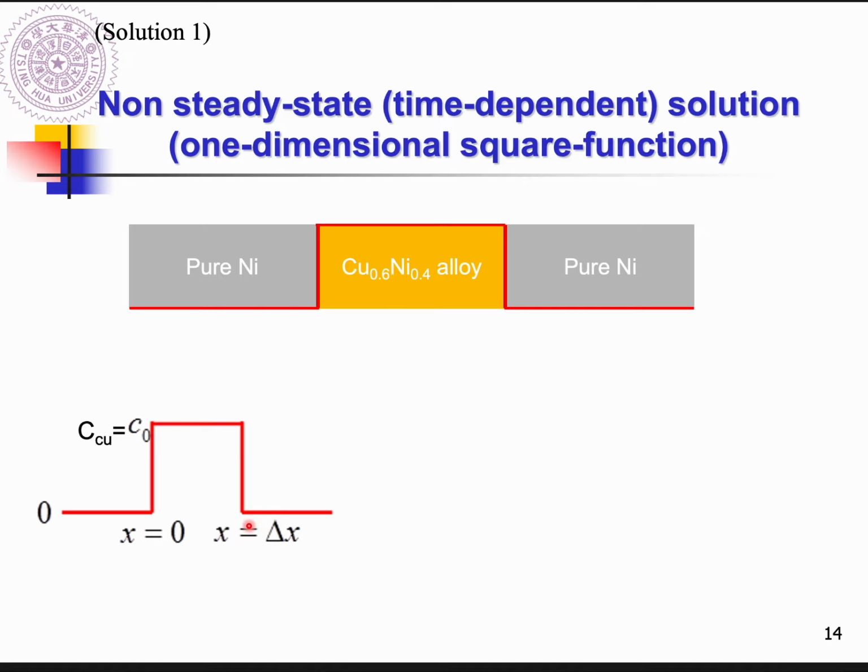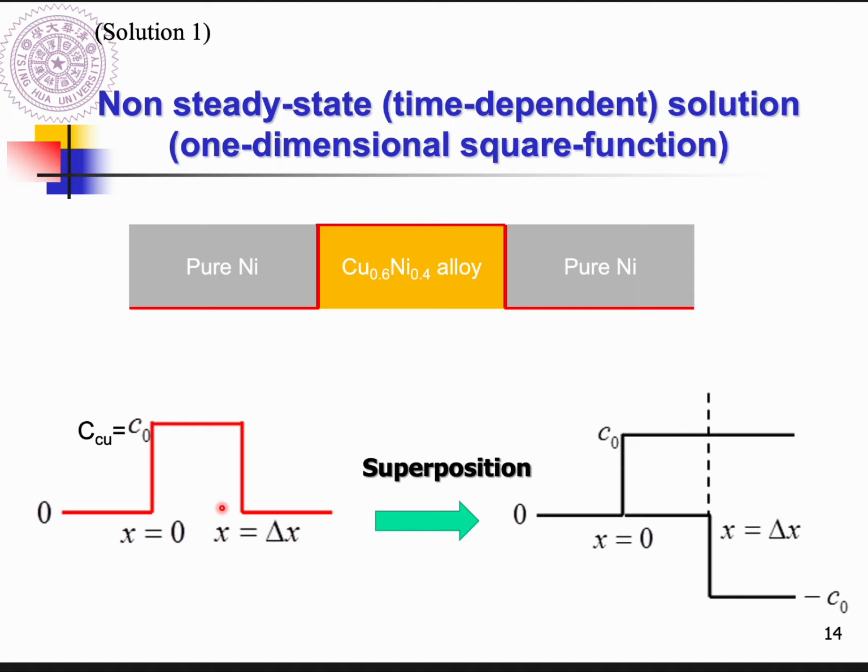x. Okay, so in order to get the concentration profile of this copper, we can use the technique we call superposition. Superposition means we can stack two functions together to assemble this kind of square function. Based on what we learned in the previous case, we know the solutions for a step function, right?